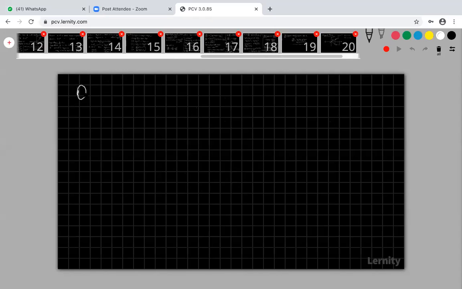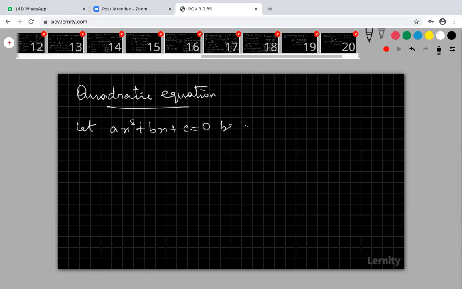Quadratic equation. So we know that the quadratic equation is in the form of ax square plus bx plus c equal to 0. This is the general form of the quadratic equation.